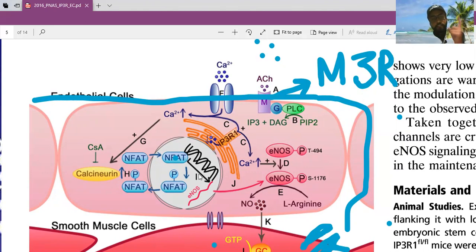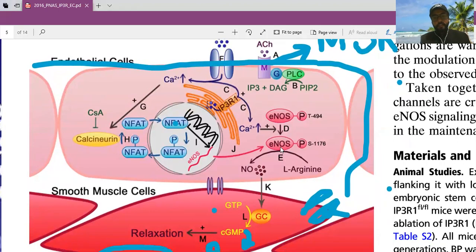So this is the first pathway, and the second pathway is the calcium. This calcium binds with calmodulin, and calmodulin is basically a protein which is present in the smooth muscle, and it is the counterpart of troponin which is present in the myocytes.